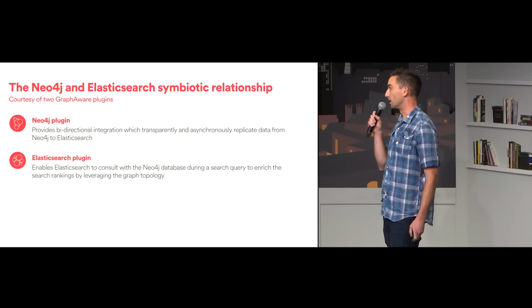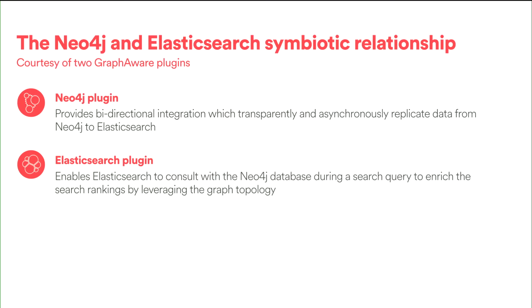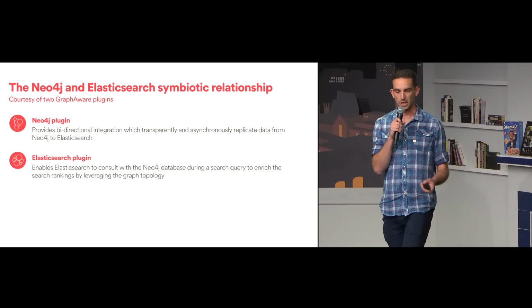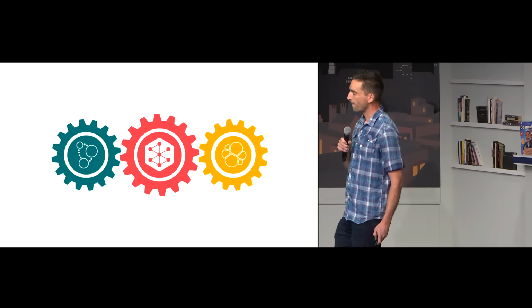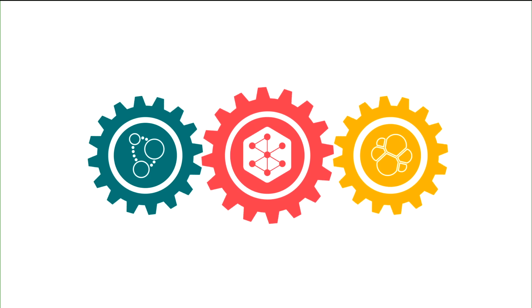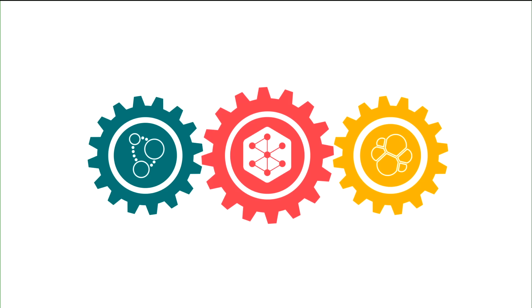The second plugin actually lives in Elasticsearch, and it enables us to consult the Neo4j database during a search query, which enriches the search rankings by leveraging the graph technology. So here you could run a search, and you may want to filter on most consumed or recently created, and we can query out to the graph to get that information. So here's an example. Neo4j will push to Elasticsearch via GraphAware, and similarly, GraphAware will pull from Neo4j, again through the GraphAware plugin.